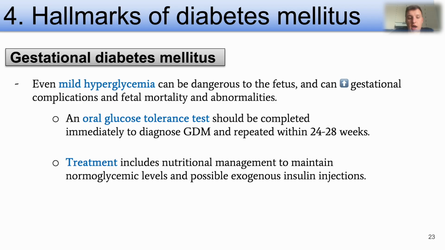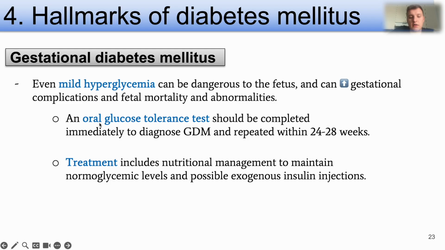Even mild hyperglycemia can be dangerous to the fetus, and it can increase gestational complications and fetal mortality and abnormalities. That's why there are always these follow-ups to make sure that things are okay during the pregnancy. Mothers with diabetes go for a few more follow-ups to make sure that the levels are okay, and the physicians can properly balance out doses of certain things if they think it might be elevated or too low.